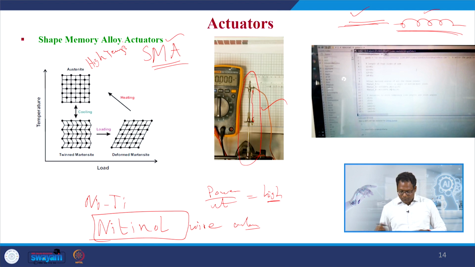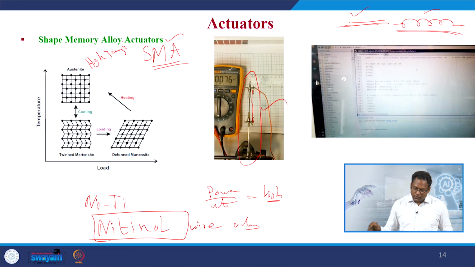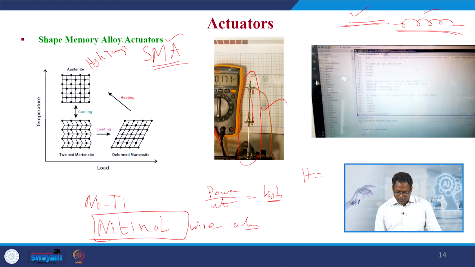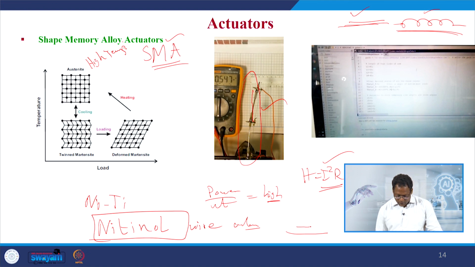and when we power it, when we pass current through this circuitry, due to Joule's heating effect, H equal to I square R, the contraction of the wire happens, which means that this is the deformed shape of the wire and this is the austenite original shape, and upon heating it comes to its original shape.